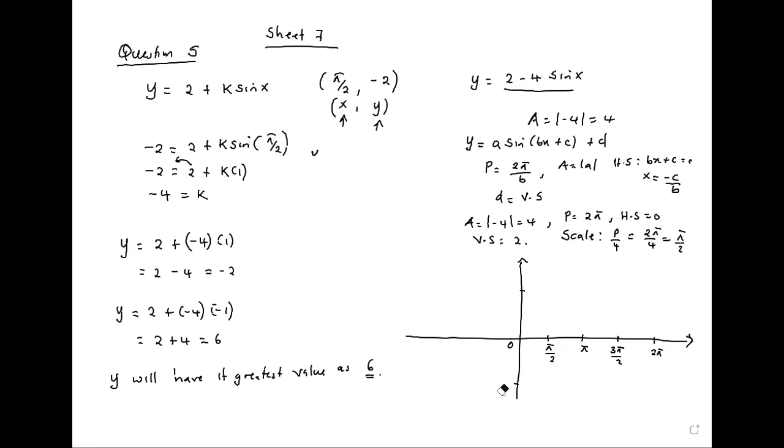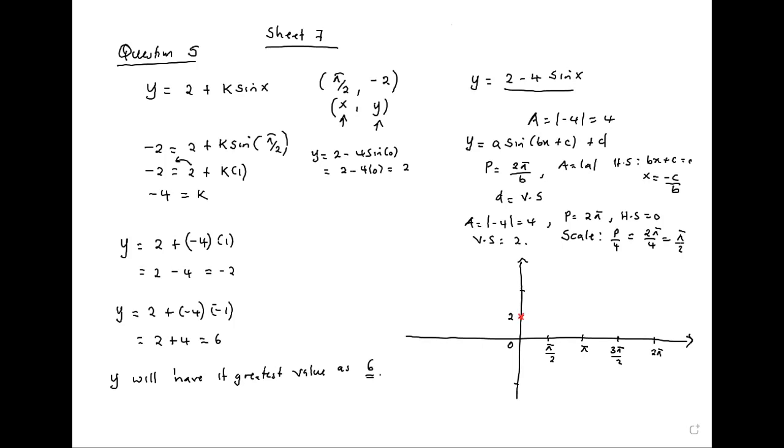So you say, what is y when x is 0? You know that sine 0 is 0, so we get 4 by 0 here, which is just 2. So we'll have a point at 2. So that is 0, 2 there.